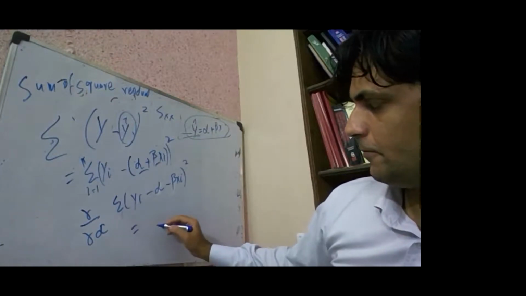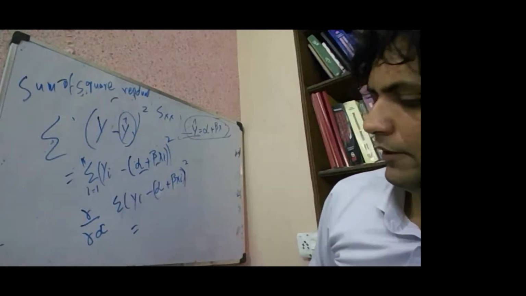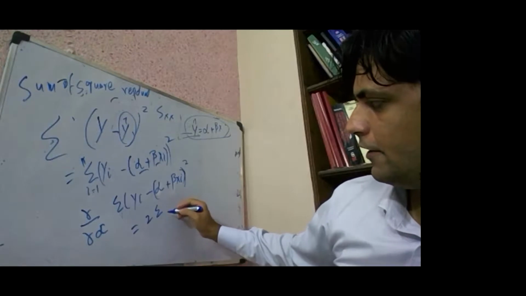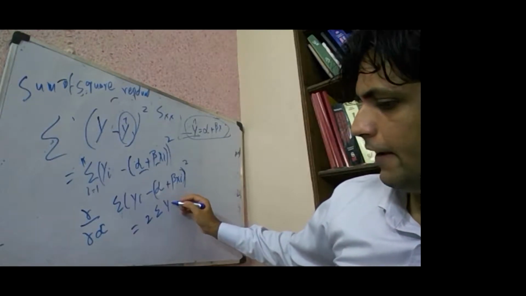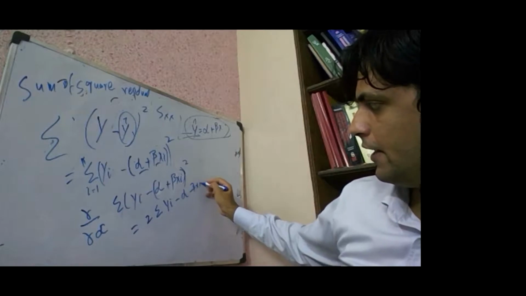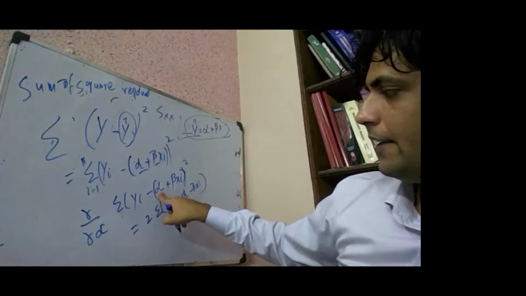Let's make it simple: 2 will come before the summation, this term repeats, yi minus alpha minus beta xi, and then we multiply by the derivative of alpha.